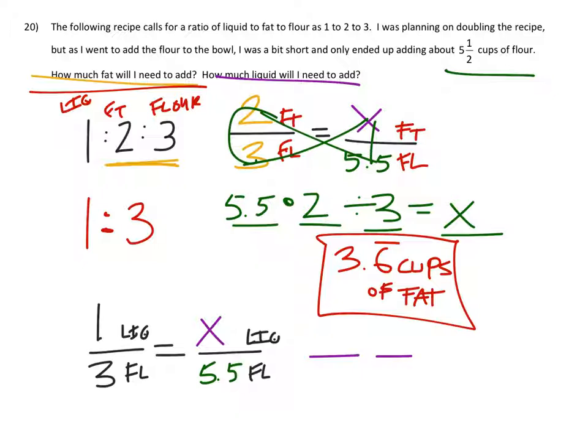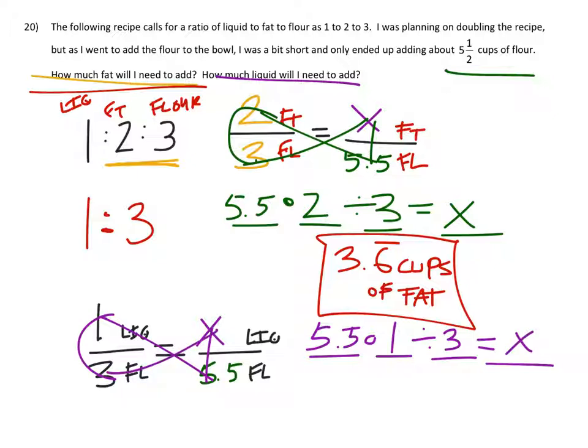Once again, fishy method. Multiply, divide, equals. Drop down to 5.5. Bring that up to 1. Come down to the 3. And that solves for x. So 5.5 times 1 divided by 3, I got 1.83 repeating.